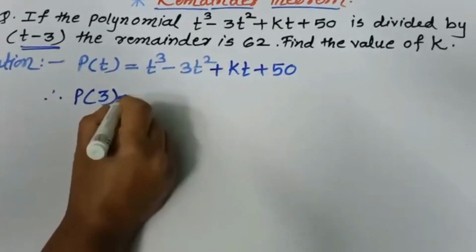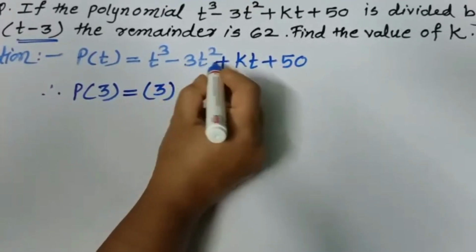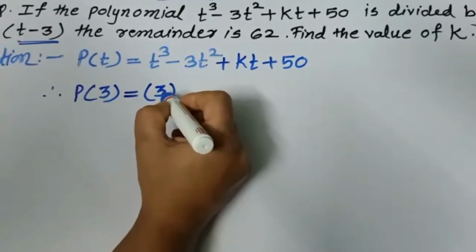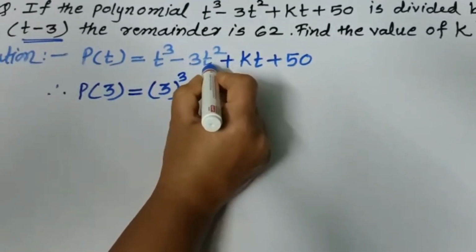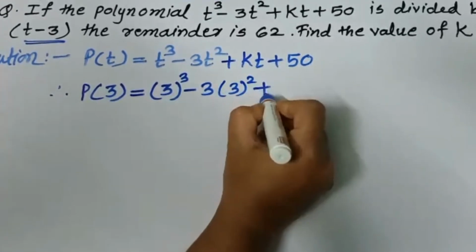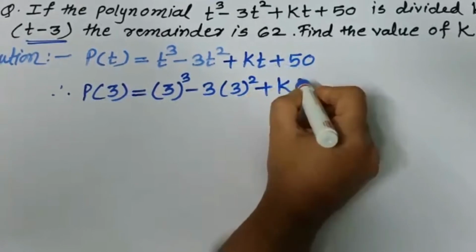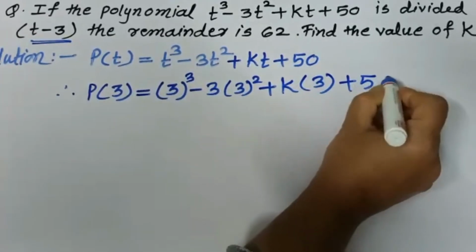So p of 3 is equal to, wherever t are there, in that place we have to put 3. So 3 raised to 3, and t raised to 2 means 3 raised to 2, plus k, in place of t now we are putting 3, further plus 50.